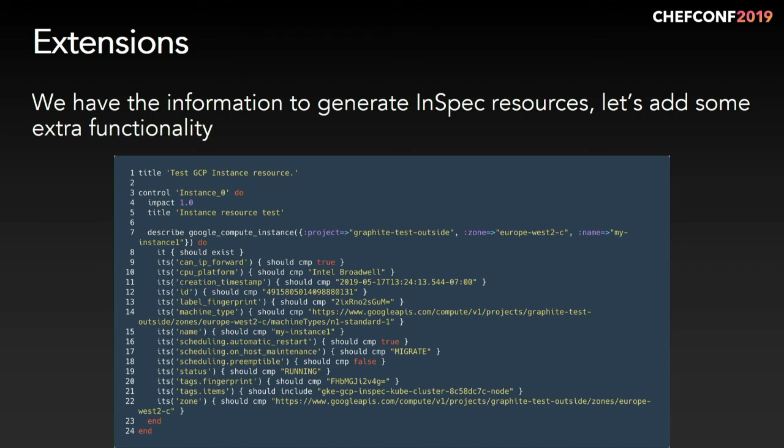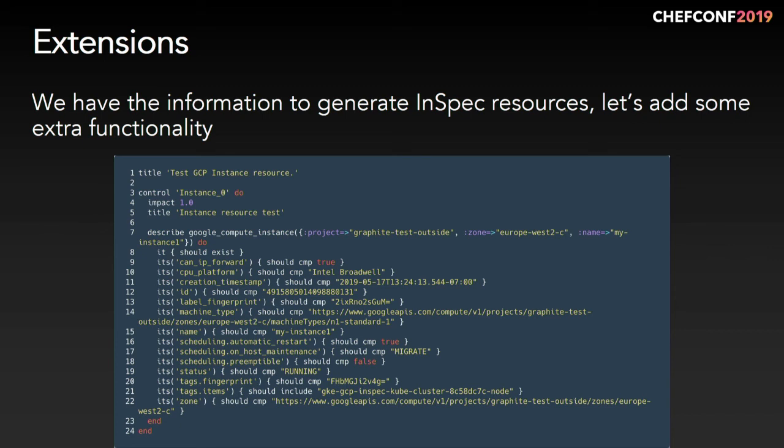And so it would actually go through and for every cloud resource that's up there, so every compute VM, every firewall rule, every SQL database, it would actually turn each one of those into an InSpec control. So this is mostly useful for infrastructure testing rather than compliance testing.